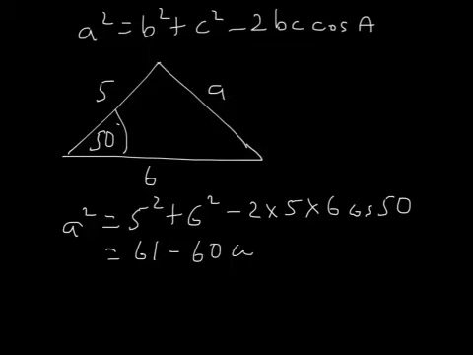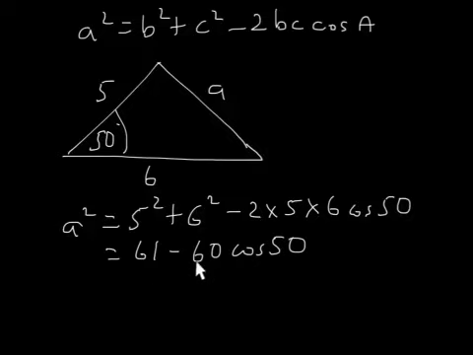60 cos 50. Now it's a common mistake to do 61 minus 60 and then say it's 1 cos 50. That's not right. Think of the rules from BODMAS: we multiply before we subtract.